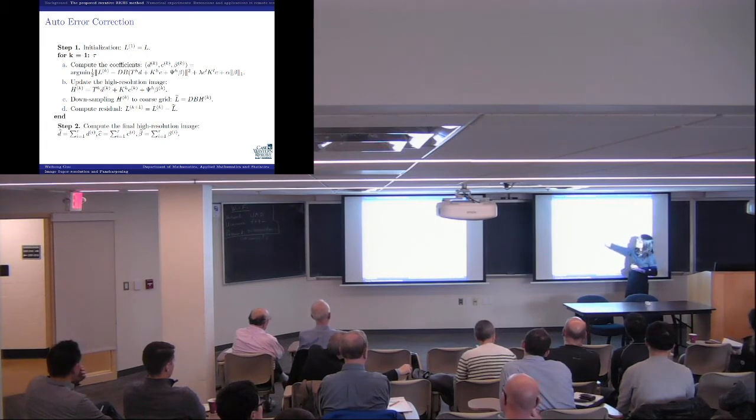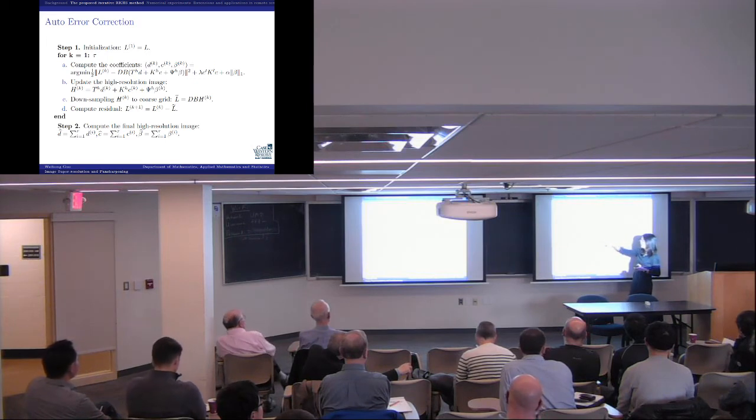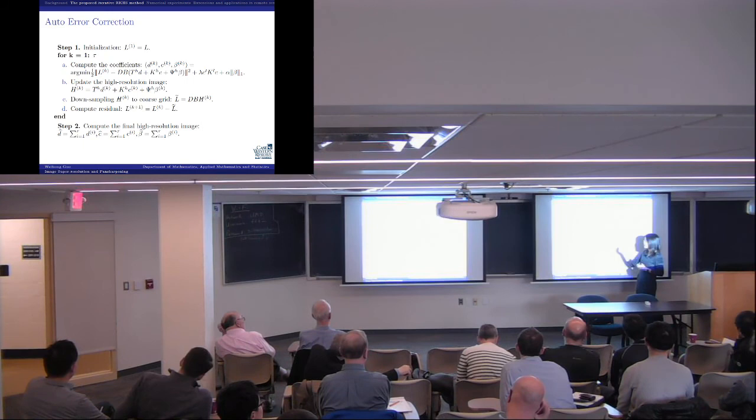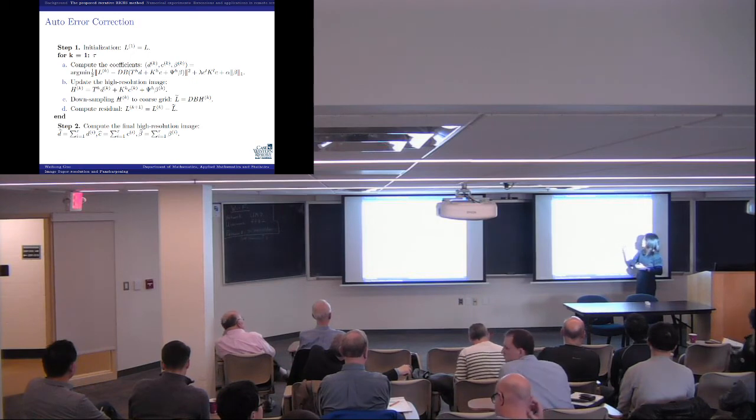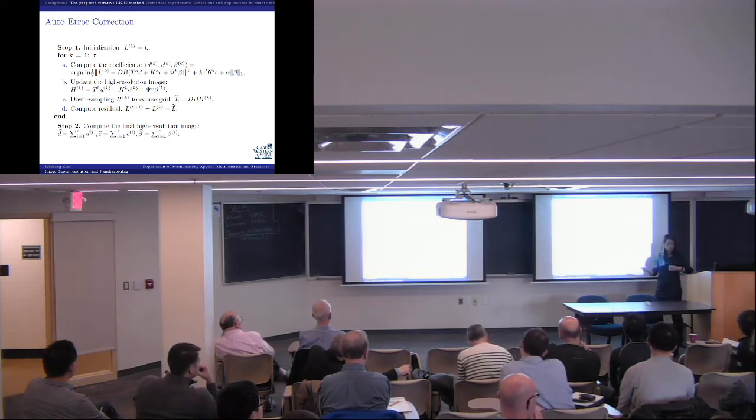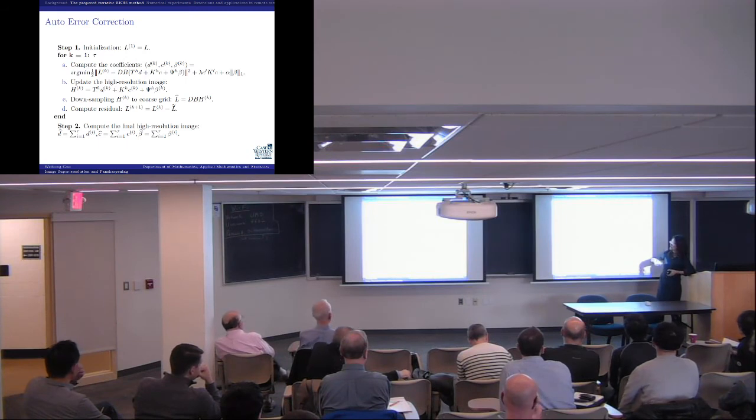If this computation was 100% good, then mathematically, remember our original assumption is that the low resolution image is equal to this, and you don't have noise. Suppose your optimization was good and there was no noise. If there's an error between these two different copies of the low resolution image, most likely your H^k was not so good yet. So what we're going to do is rerun this algorithm just on the difference.